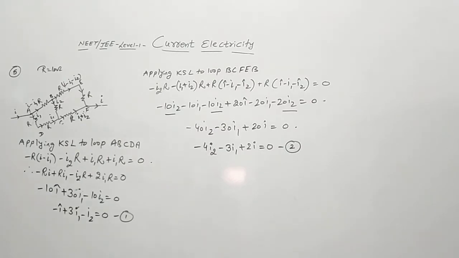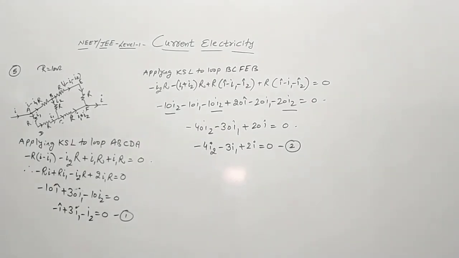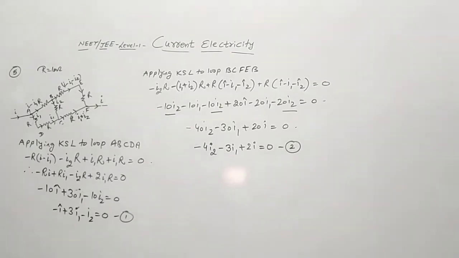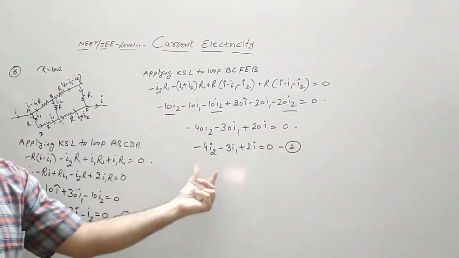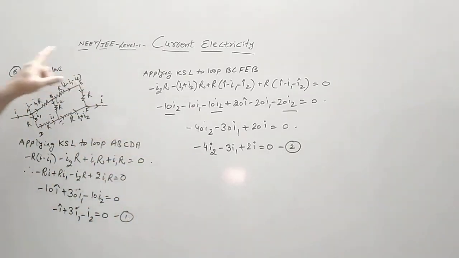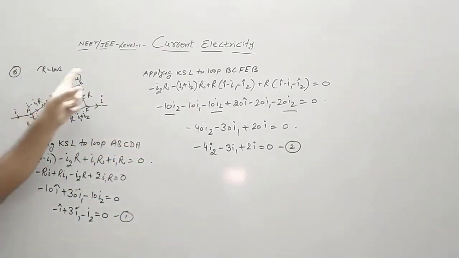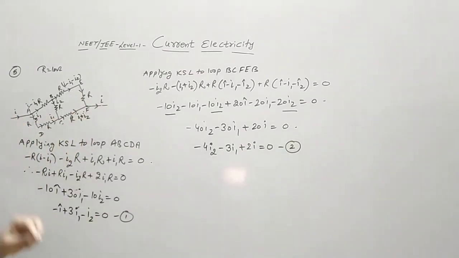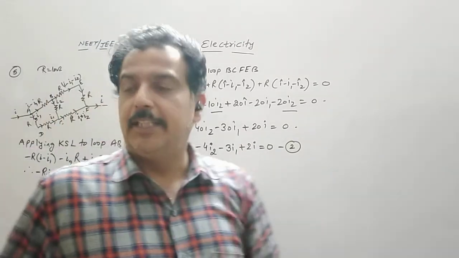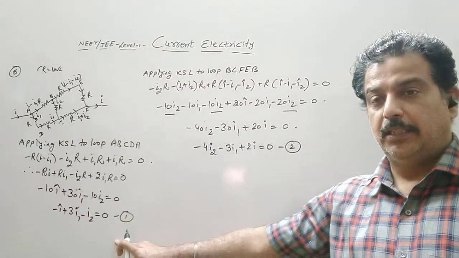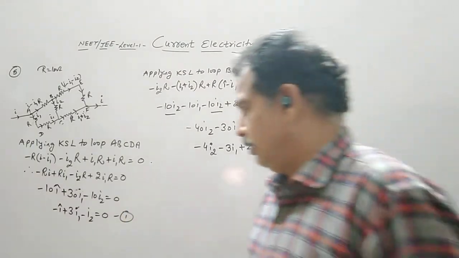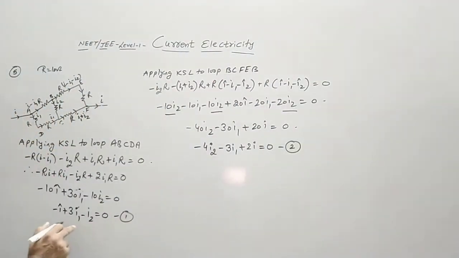So we have three unknowns here, I1, I2 and I. We form two equations. So either you take a third loop of the entire circuit A, E, F, D, A, or in equations 1 and 2, we make I the subject.